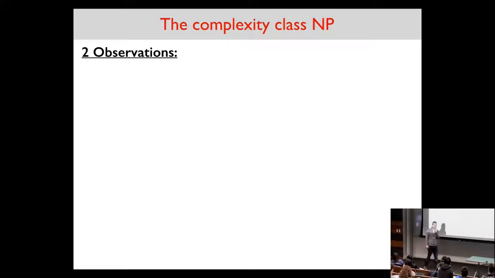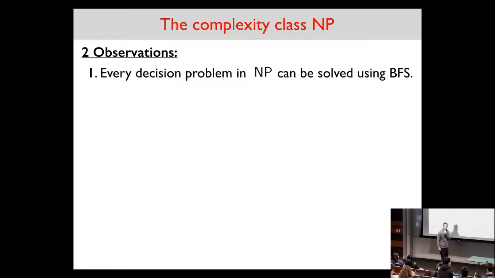Okay, so let's now make two observations about this class NP. First of all, every decision problem in NP can be solved using a brute force search algorithm. That better be the case, otherwise it doesn't really capture brute force search.